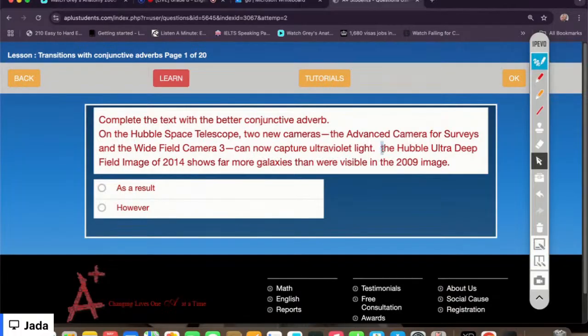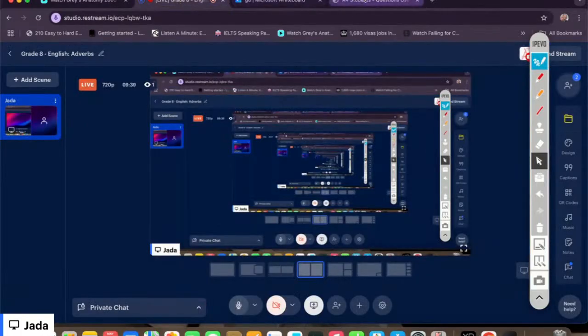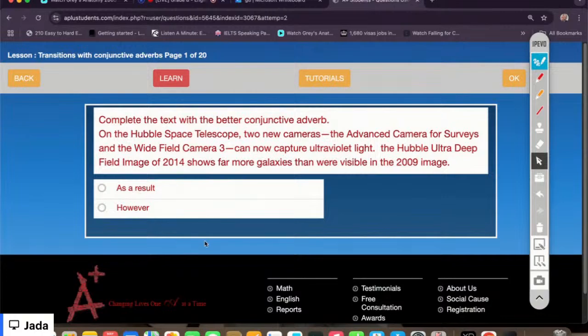So we have a space here. The Hubble Ultra Deep Field image of 2014 shows far more galaxies than were visible in the 2009 image. Okay, so as a result, or however.